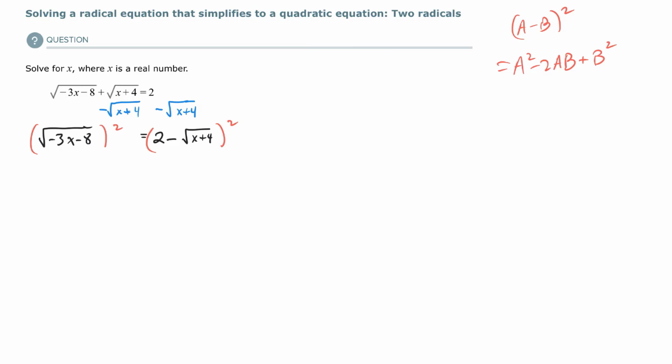Let's automatically compute this. Parentheses x plus 4. All right. Let's try to collect like terms, and then once again isolate the radical on one side.